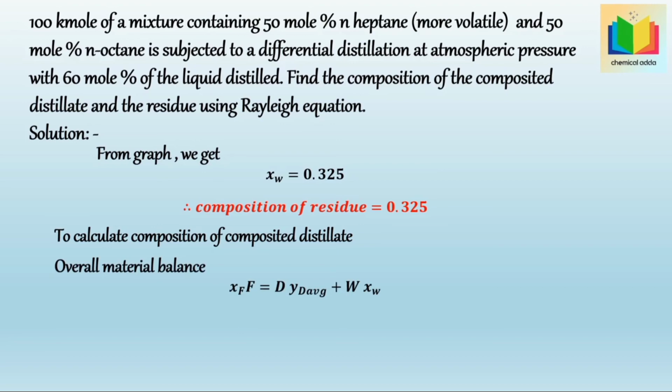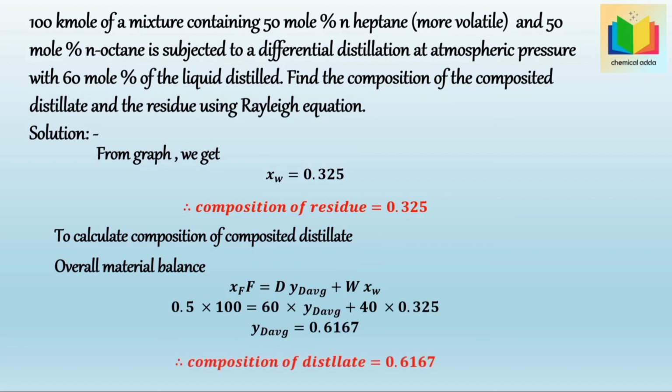After putting the values of xF, F, D, and W, xW, we get 0.5 into 100 is equal to 60 into yD average plus 40 into 0.325. After solving this, we get yD average is equal to 0.6167. So, in this way we get the composition of distillate is equal to 0.6167.